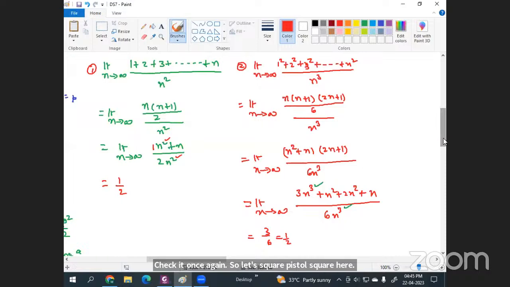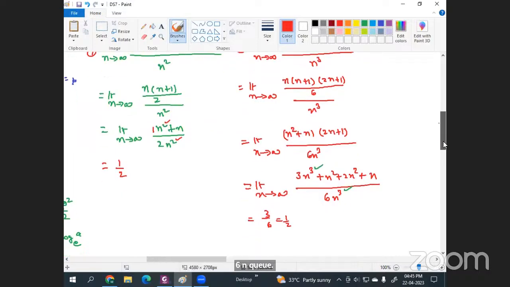Next, here I went wrong. 2n cube. So I have to write here 2. Okay. Now here it is 2n cube, 2 by 6. It is 1 by 3. Correct?